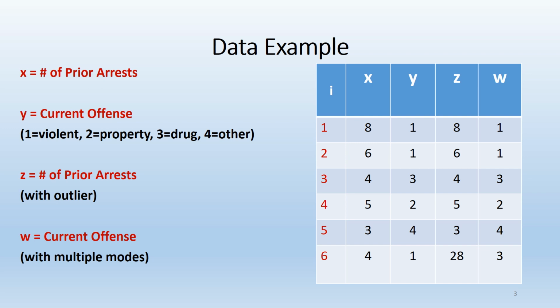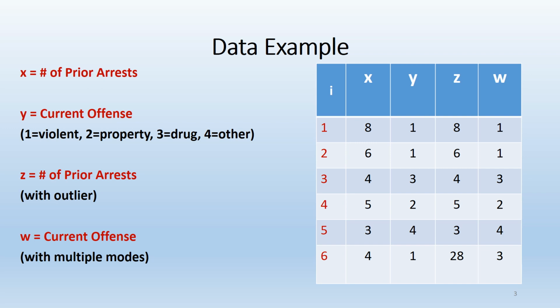Finally, we have variable w, which is a parallel version of variable y, measuring current offense. But here, what we want to introduce is the idea of having multiple modes. Once again, cases 1 through 5 look just like they did with variable y. But for variable w, case number 6 has a value of 3 instead of the value of 1 we saw with variable y.